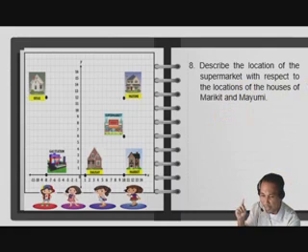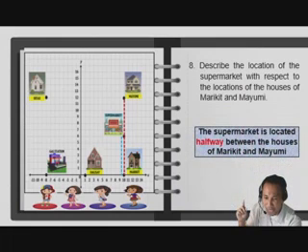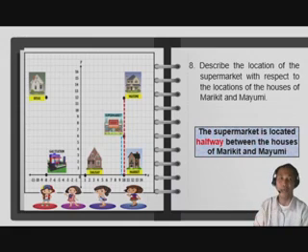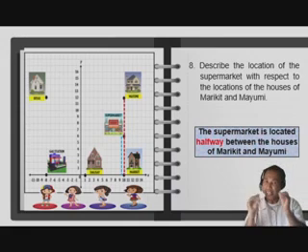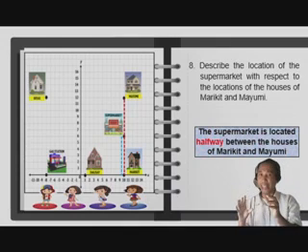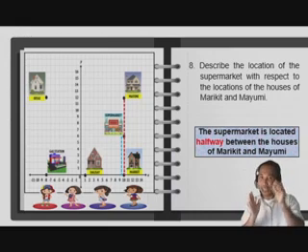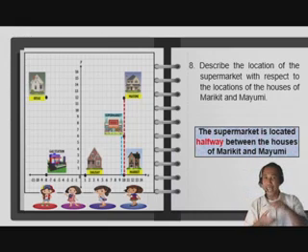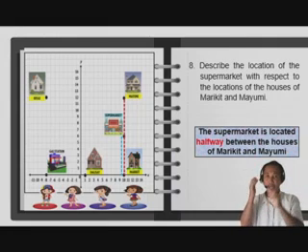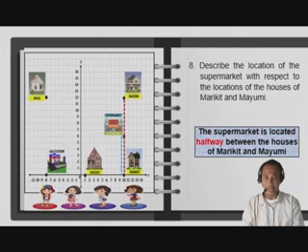Kung mapapansin natin dyan, siya po ay nasa gitna, kaya siya po ay halfway between the houses of Marikit and Mayumi. Again, matatagpuan ang supermarket sa gitna, or exactly at the middle. Therefore, that is halfway between the houses of Mayumi and Marikit.